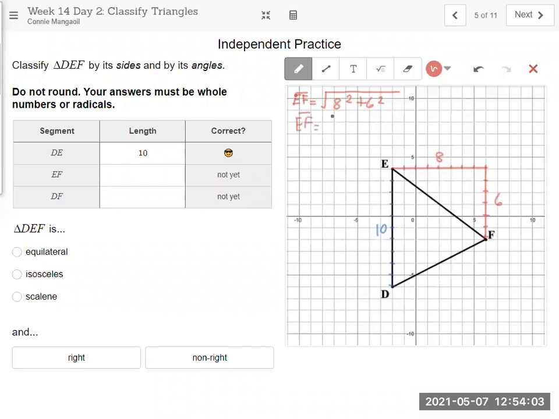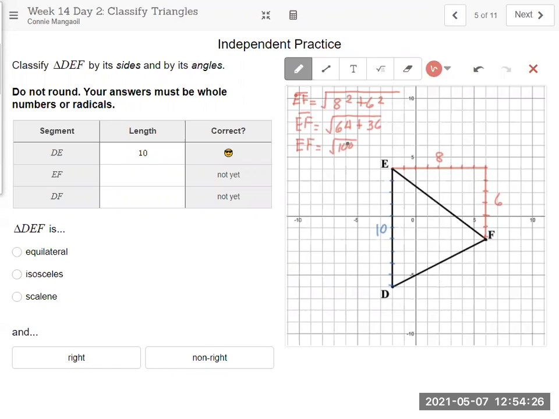So we get EF equals square root of 8 squared is 64 and 6 squared is 36, right? And 64 plus 36 is equal to 100. Now, can we get the square root of 100?